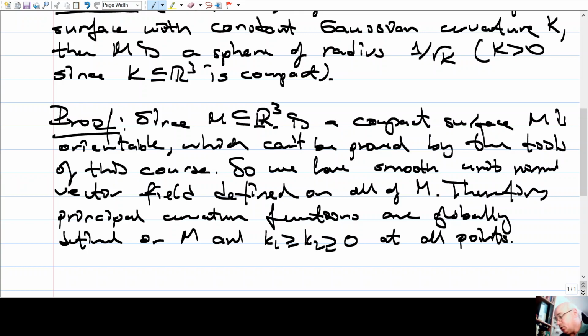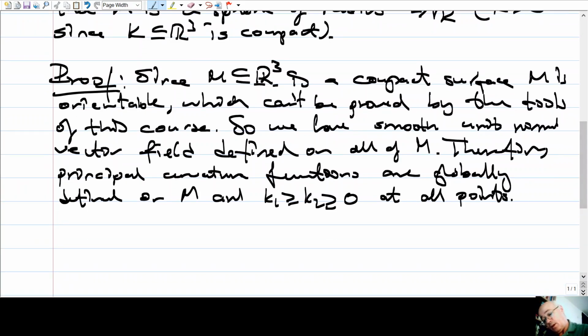Well, in particular, these are continuous functions on a compact set, therefore they have maximums and minimums.